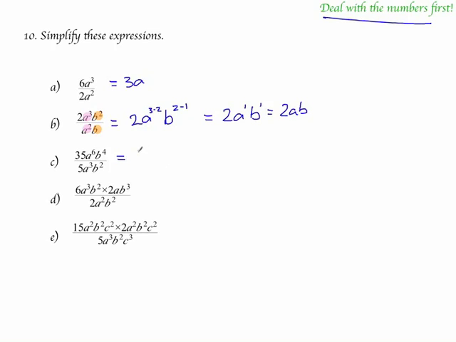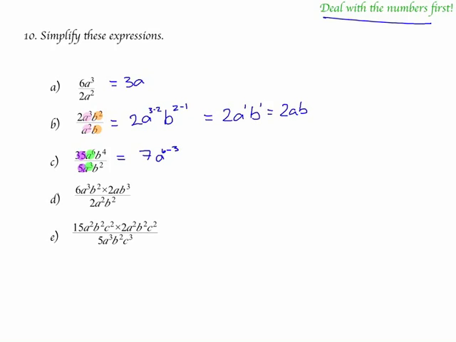For the next question, let's deal with the numbers first. So I have got 35 and 5. 35 divided by 5 gives me 7. If I now look at my letters, or the different terms, I've got a to the 6 divided by a cubed, so I'm minusing.